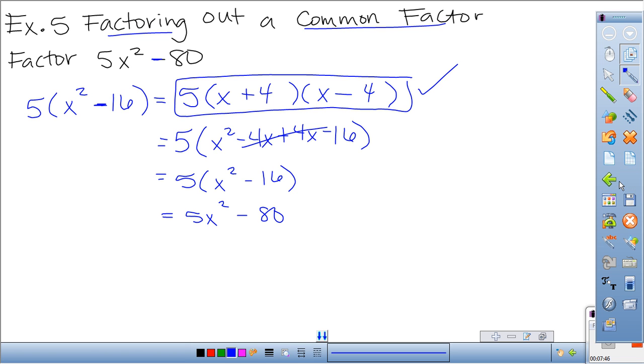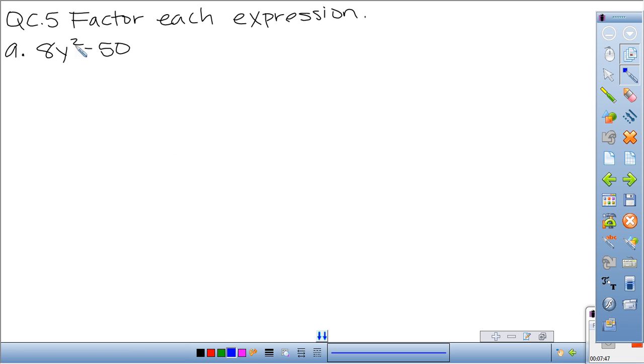Let's try another one of those. Looking at 8y squared minus 50, again we notice this is not the difference of two perfect squares. 8 is not a perfect square, and 50 is not a perfect square. So we're going to have to factor out something first to make it a difference of two squares. Well, let's see.